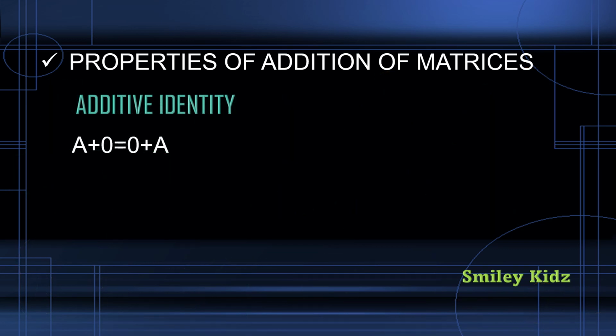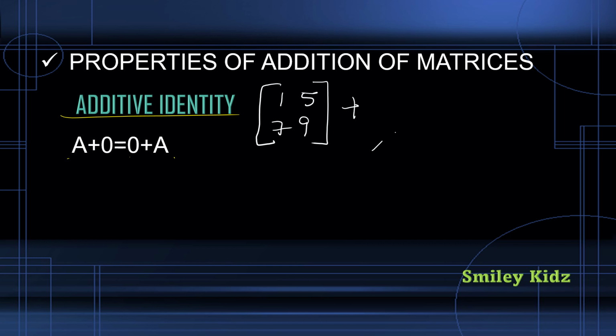Now this is quite simple. When we talk about the additive identity, it means A plus 0 equals 0 plus A. What does this mean? If I have a matrix A which is 1, 5, 7, 9, and I add it with 0, here 0 does not mean the number 0.